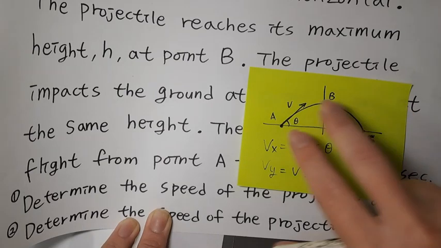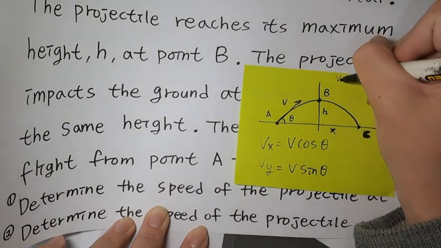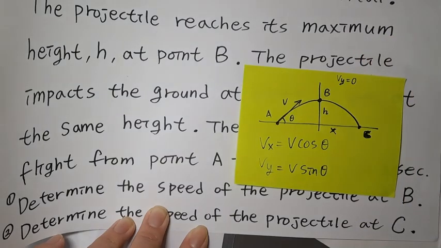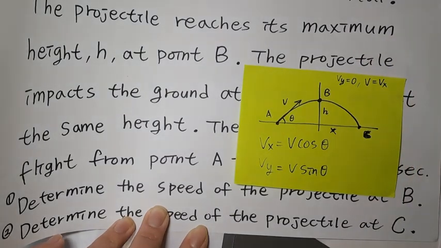At maximum height, the vertical component of velocity will be 0. So Vy is going to be 0 and the velocity is going to be Vx.